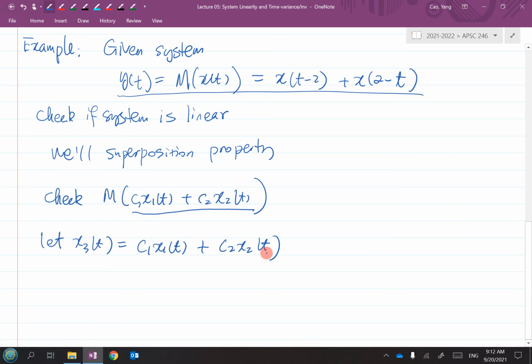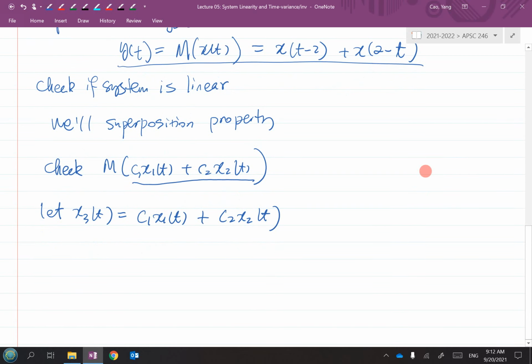So by doing this, remember, c1 and c2 are constants. Now, instead of the m bracket with c1 x1 plus c2 x2, I'm just checking what m of x3 of t is.